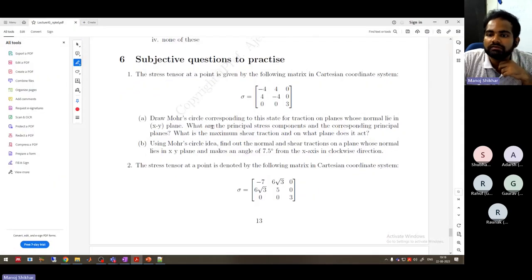So they are asking what are the principal stress components and corresponding principal planes. Draw a Mohr circle corresponding to this state for traction on planes whose normal lie in XY plane.